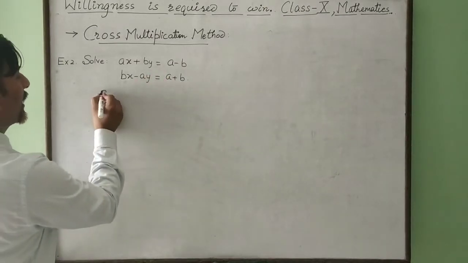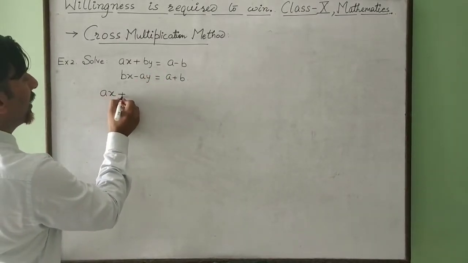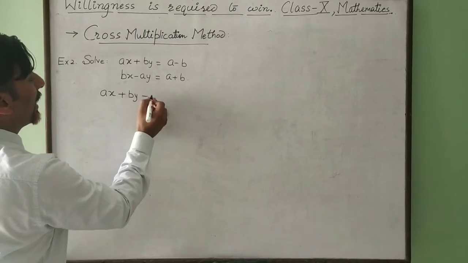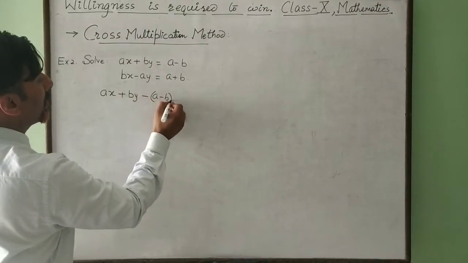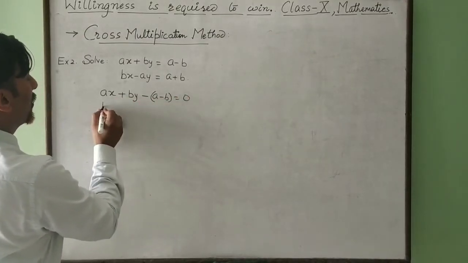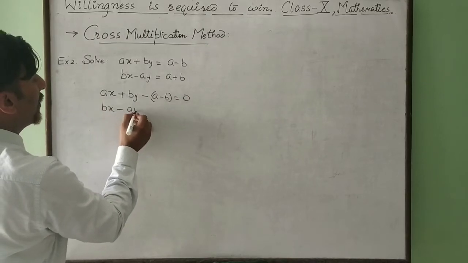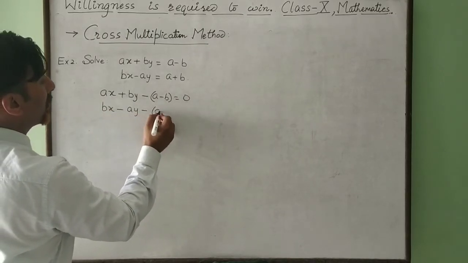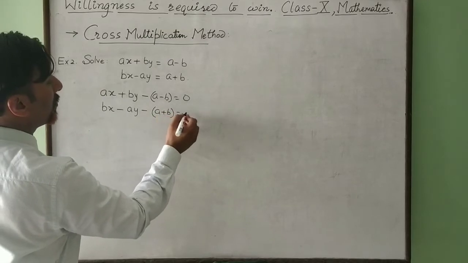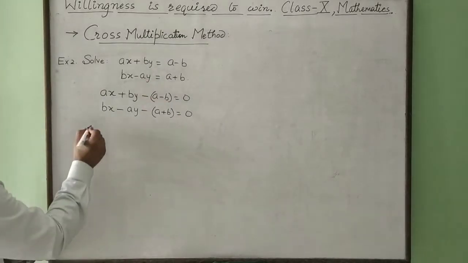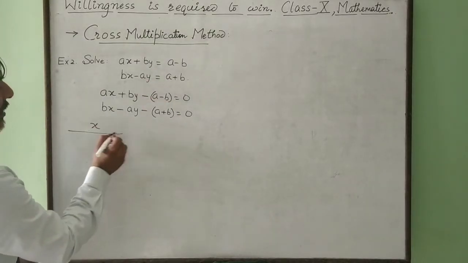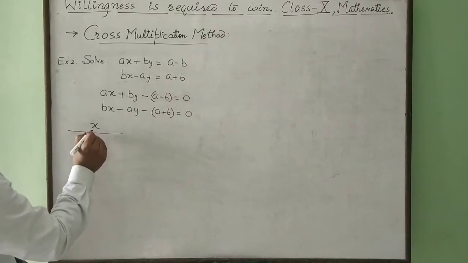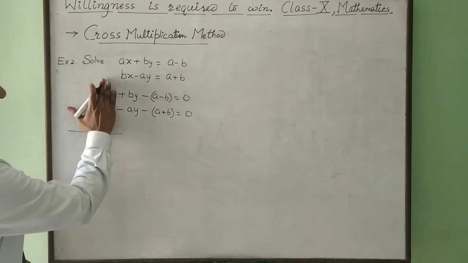So first of all, we can write the system of equations as ax plus by minus a minus b and bx minus ay minus a plus b is equal to 0. Now we can write the coefficients, x upon, while writing the denominator of x we will hide x.